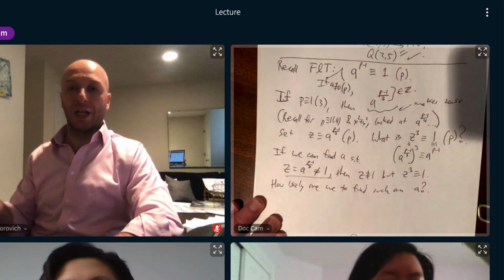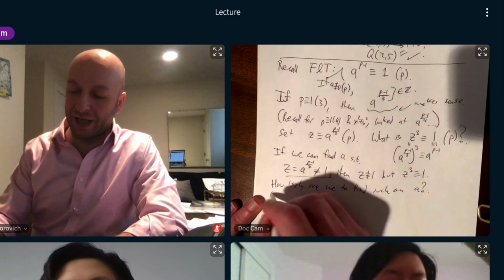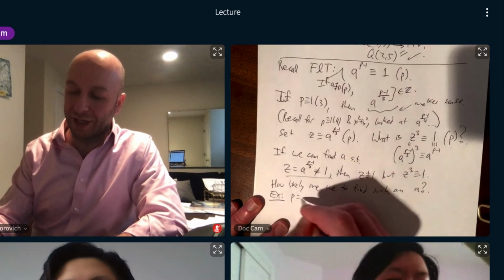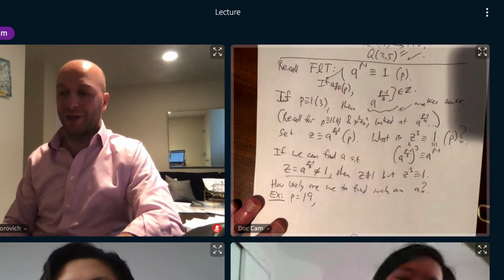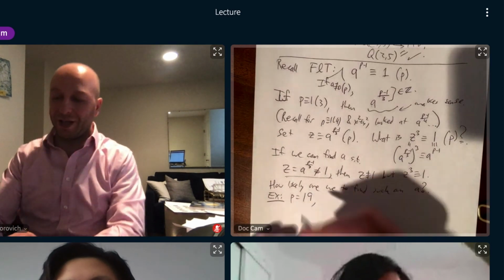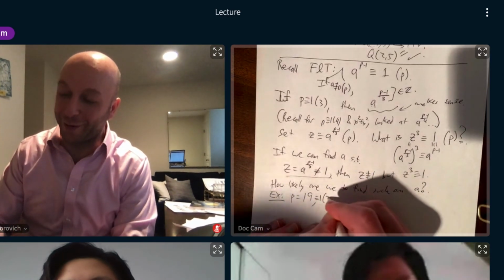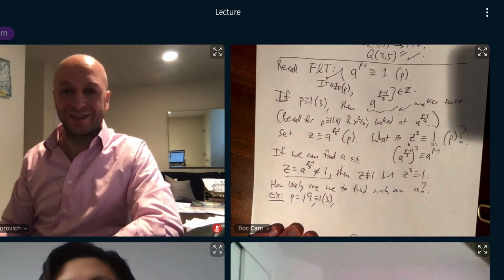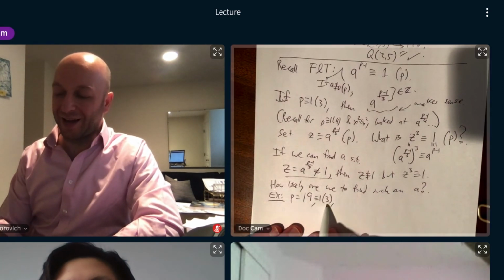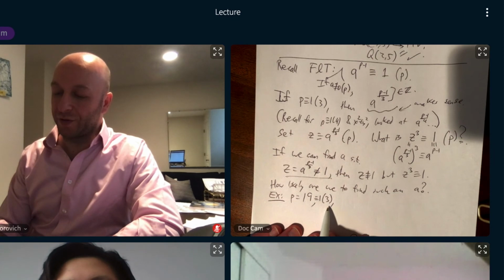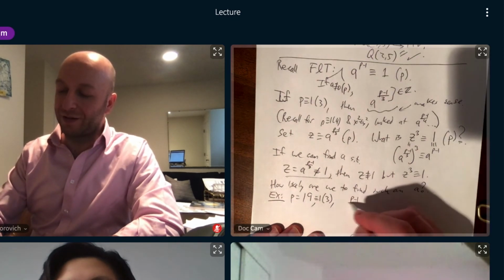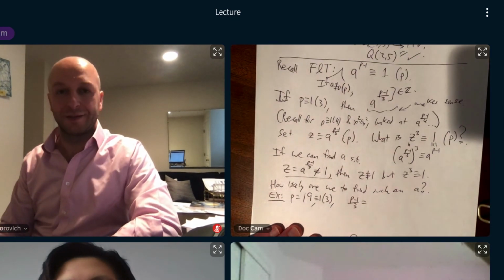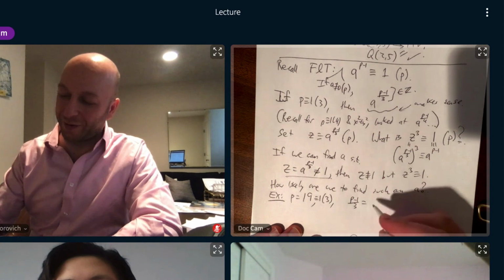All right, let's do this experimentally. Example. Let's go back to p equals 19. This is our prime. 19 is 1 mod 4, 1 mod 3. And what is p minus 1 over 3? 6, perfect.